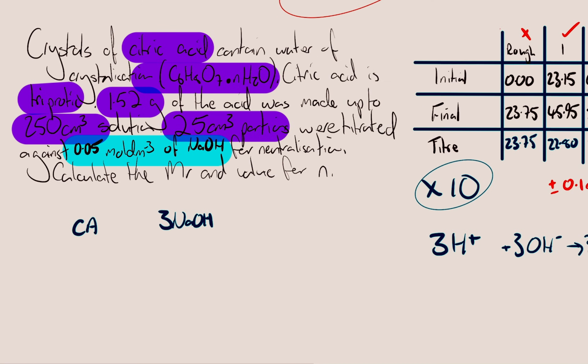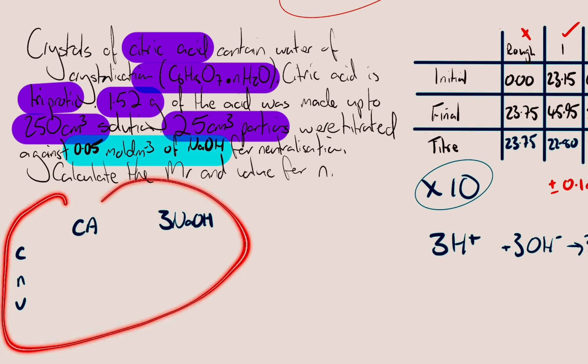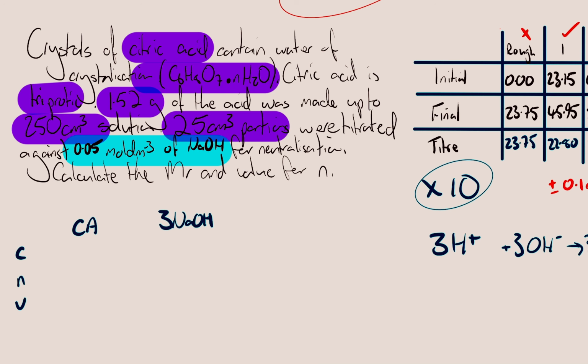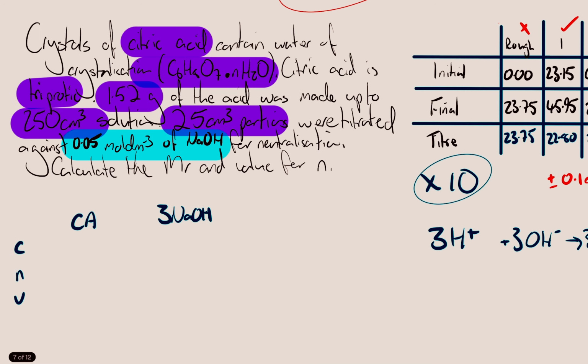So we can now start putting information together. So this will come in 2 parts. One part where I'm using CNV, the next part where I'm using mass, Mr, mole. So we have 25 over 1,000 for citric acid.